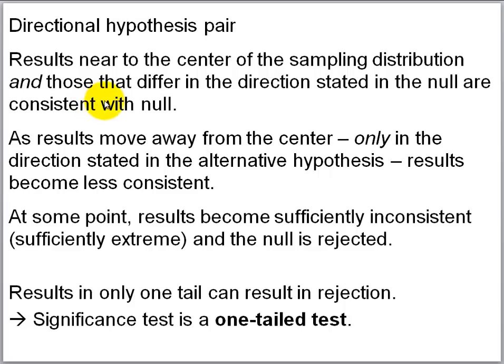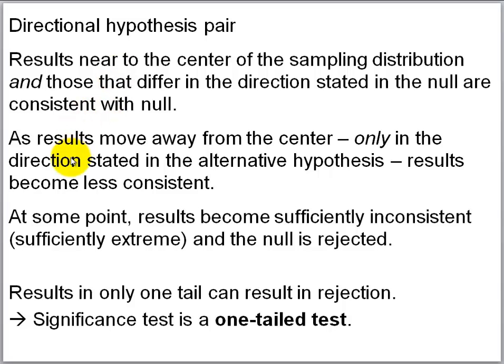So if you're getting results that are near the center of the distribution, or results that are in the direction stated in the null, these results, from the perspective of a directional pair, are consistent with the null.